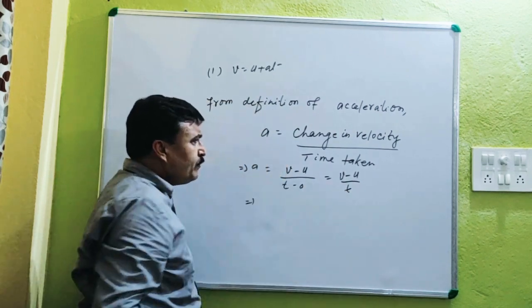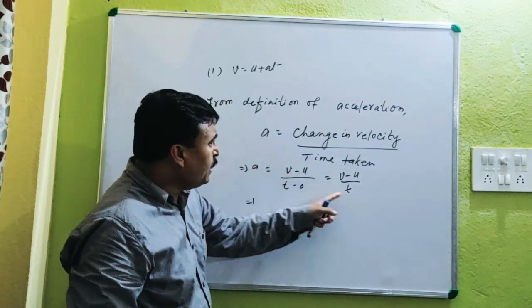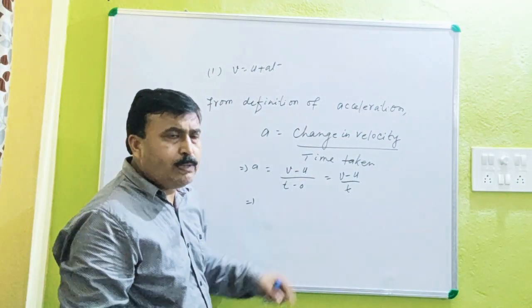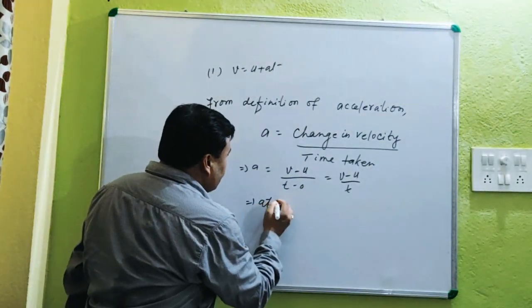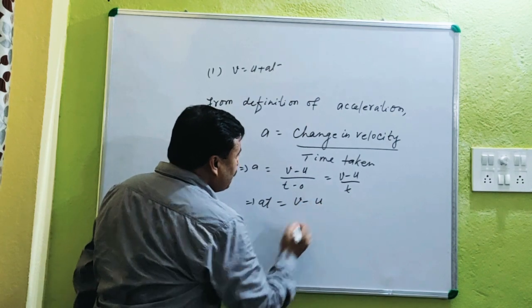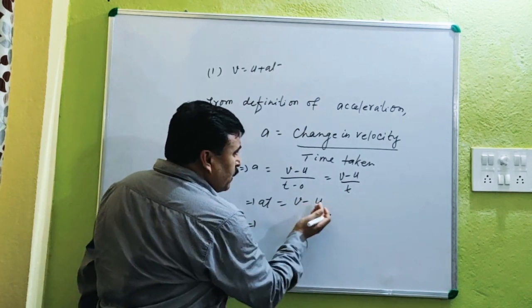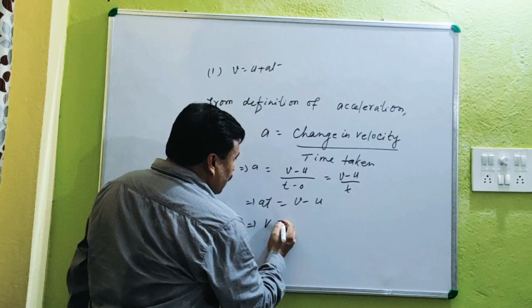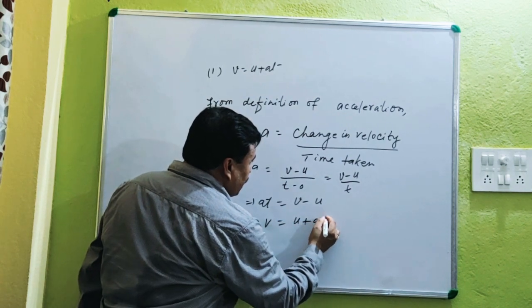After cross multiplication, at equal to v minus u, or v equal to u plus at.